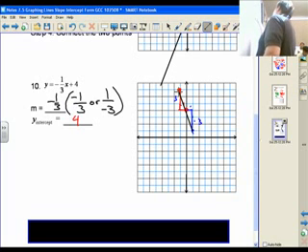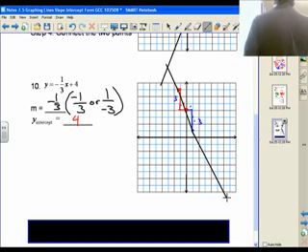Notice all 3 of these points are on the same line. It doesn't matter whether you make it a negative 1 over positive 3 or 1 over negative 3, you're still going to get the same line. And that's the point.